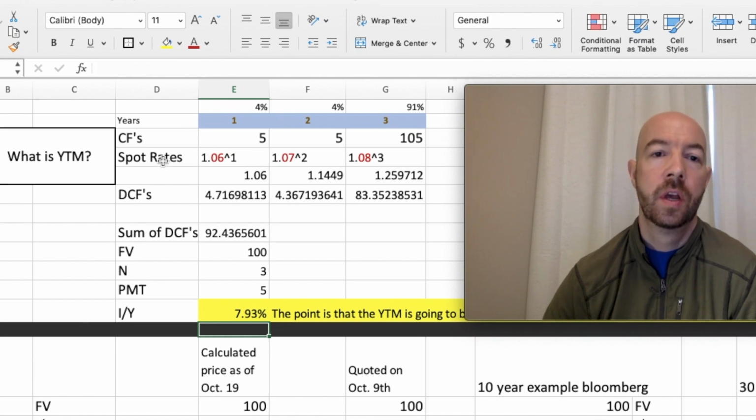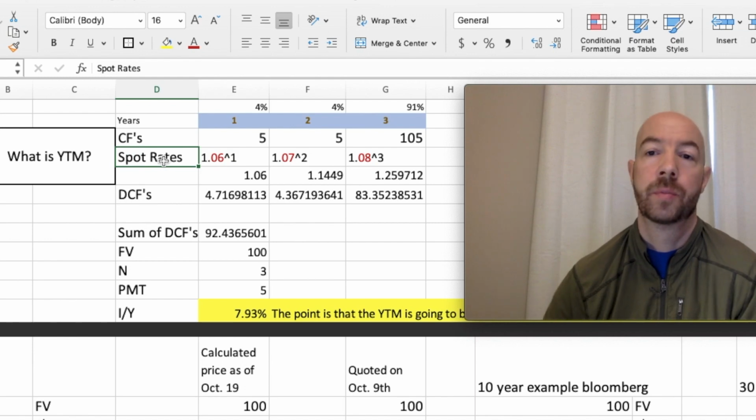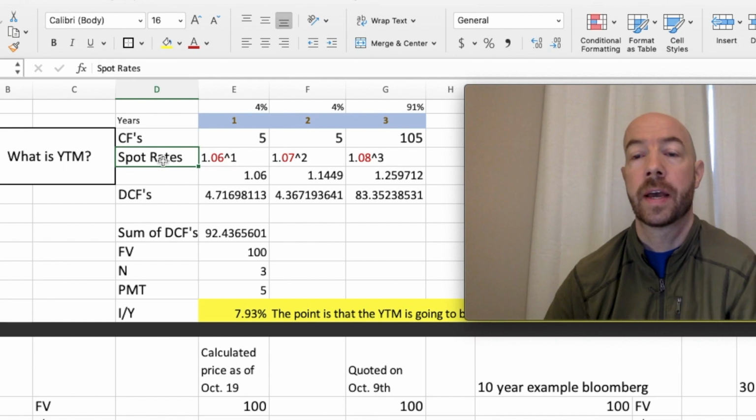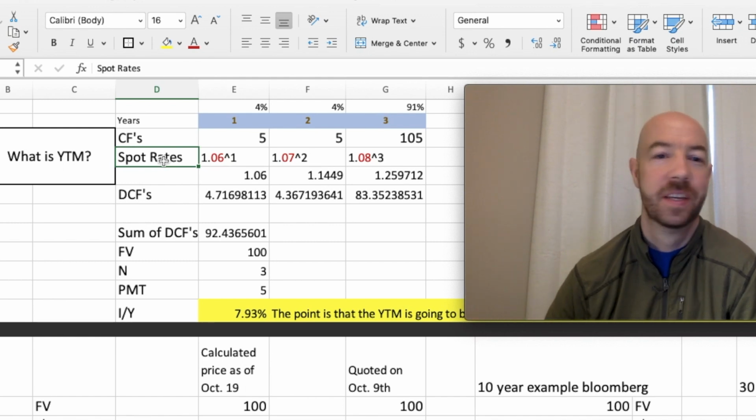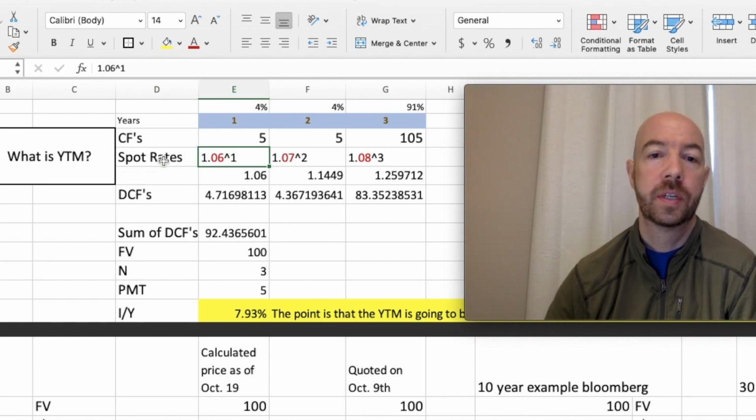So spot rates. Now, you may think, what the heck is a spot rate? We're going to look at that here in a second, because, again, super helpful. If you go into these tests or work your way around fixed income, it's amazing once you get it. So spot rates, I put them in red here.